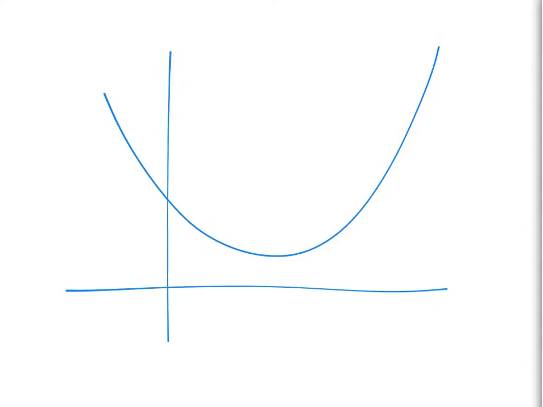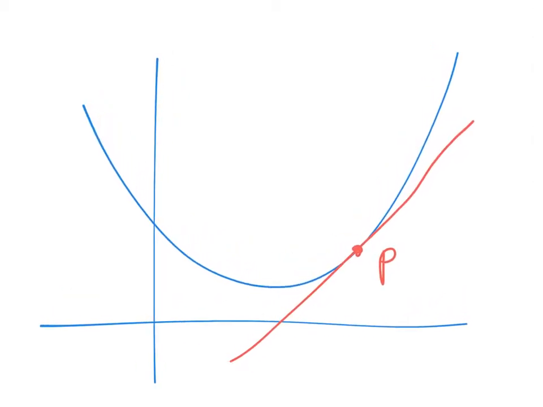Instead of 2 points, let's say that I have 1 point P, like before. And I want to figure out the tangent line slope, which is this one. And like 5 minutes before, we said that's impossible, right? We said you need 2 points to figure out that slope.